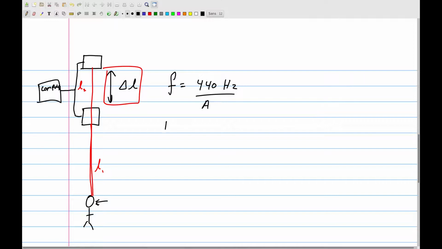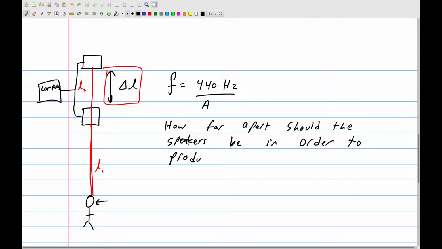I want to know how far apart the speakers should be in order to produce the quietest sound. So how far apart should we put them in order to produce a quiet sound?